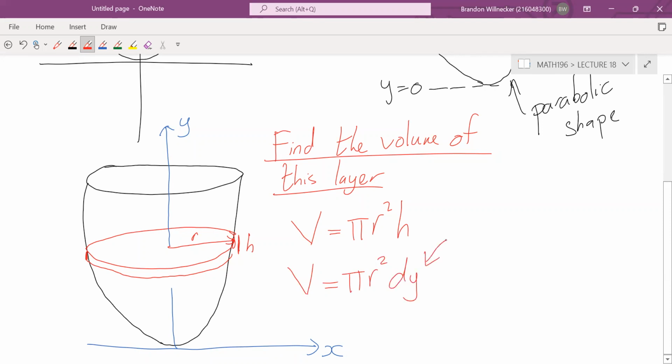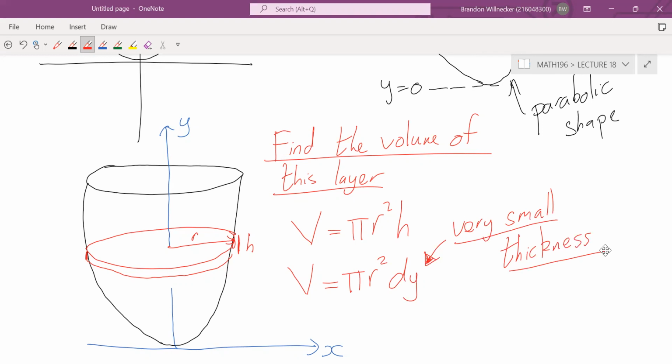Very thin thickness, or very small thickness. Is there anyone that doesn't understand that step? Okay, so everyone's okay with the thickness here.